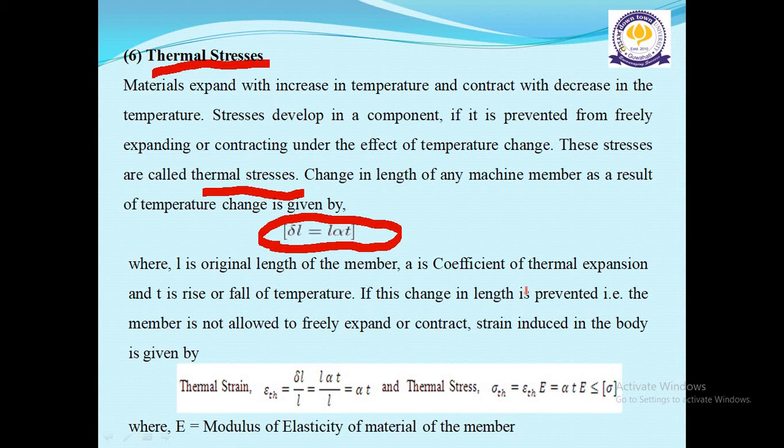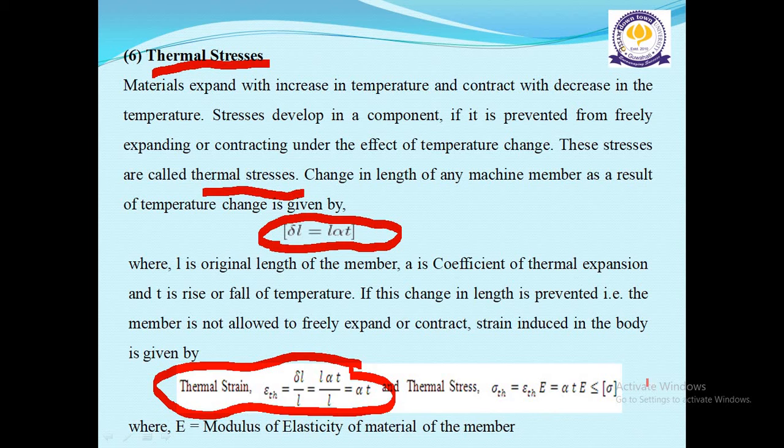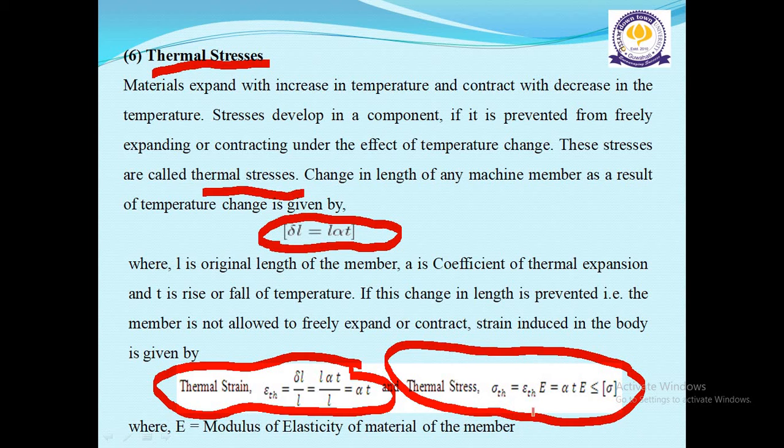If this change in length is prevented, that is the member is not allowed to freely expand or contract, the strain induced in the body is given by thermal strain epsilon Th is equal to delta L by L is equal to L alpha T divided by L, which is equal to alpha T, and thermal stress sigma Th is equal to epsilon Th into E, which is equal to alpha into T into E, which is less than or equal to sigma. Here E is the modulus of elasticity of the material of the member.